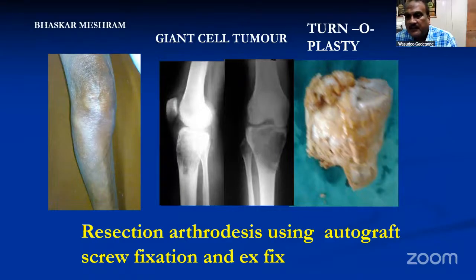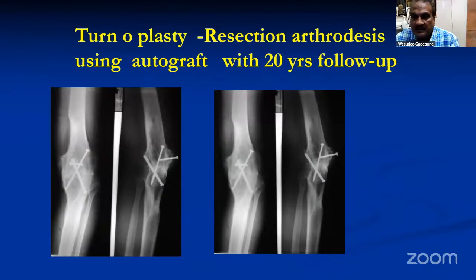Another example, aggressive tumor, turnoplasty, resection arthrodesis using autograft, screw fixation and X-ray. This is the half of the femur transferred to the tibia, complete anatomical amalgamation of both femur and tibia.